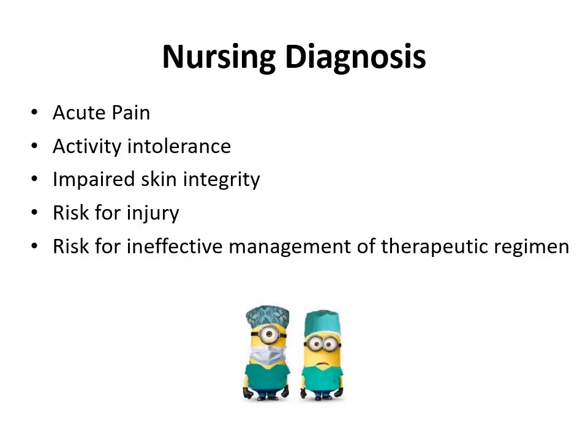And so here's just some possible nursing diagnoses that you would see. Of course, a patient coming back from surgery, they've had an incision of some sort, they're going to have acute pain. They're going to have an activity intolerance because of the physiological trauma that's occurred. So they're often going to be weak. But one of the best things that you can do for your patient post-operatively is get them up and moving as much as possible, because as you can see, it's going to help so many of those complications.